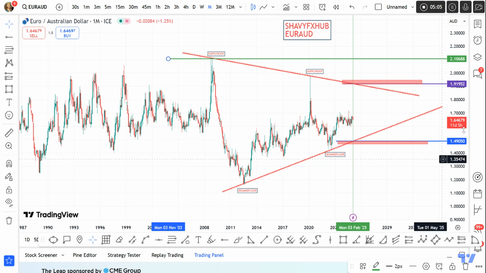Today, where are we? 1.64679 Australian dollar for 1 euro. So on technical, the value of euro has been falling, indicating that an Australian citizen needs fewer Australian dollar while he's in euro to buy things in euro zone.